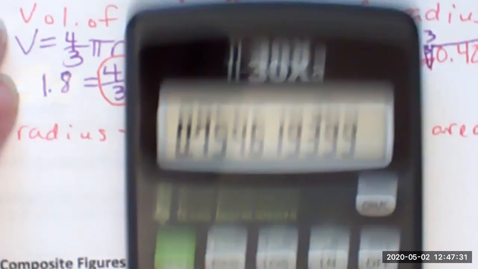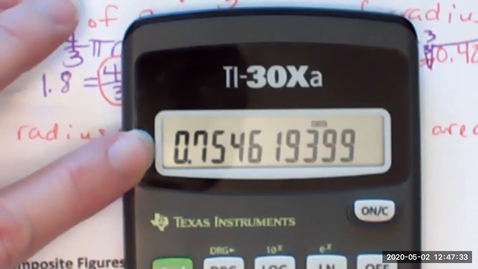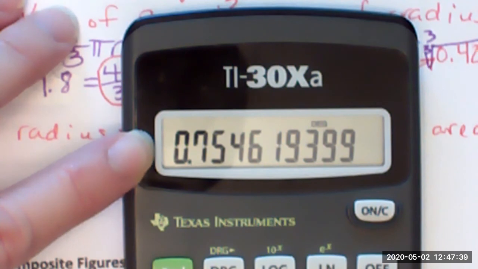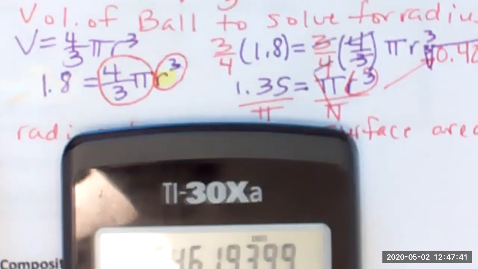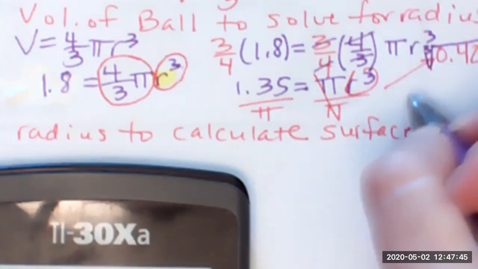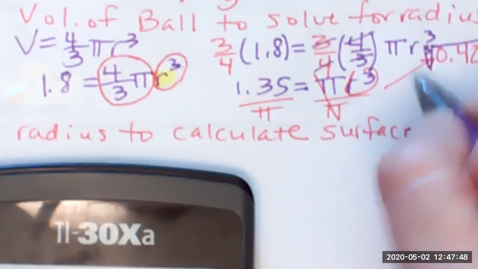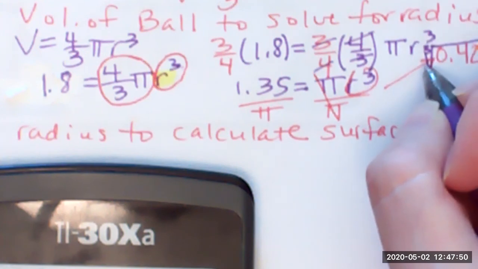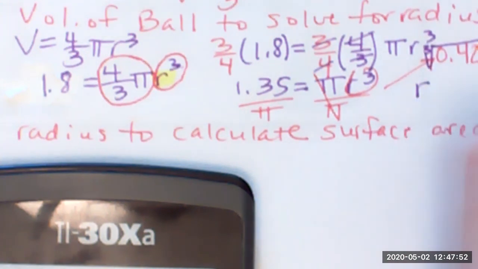You don't even have to hit equals there, it gives you your result. Approximately 0.75. And it didn't say what to round to, so I'm just going to say about 0.75 or 3/4 of a meter.